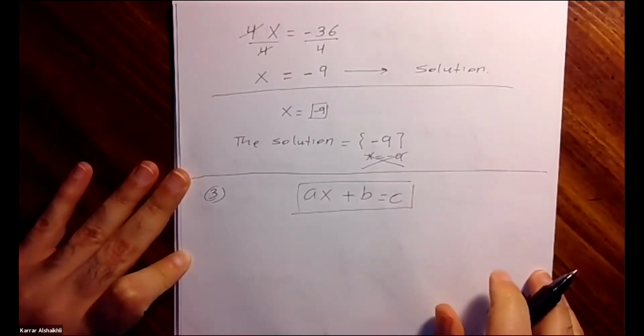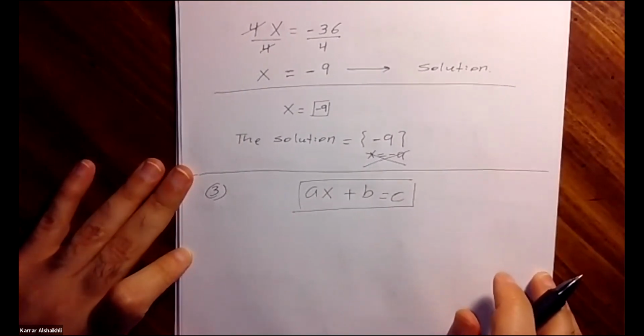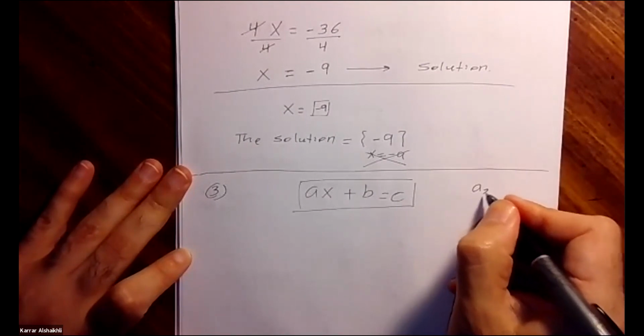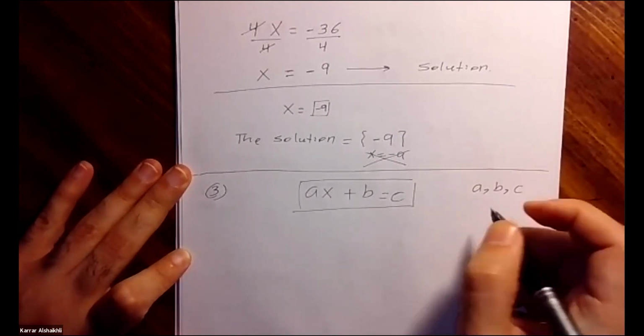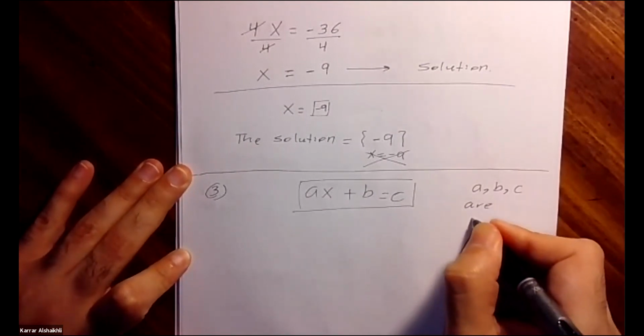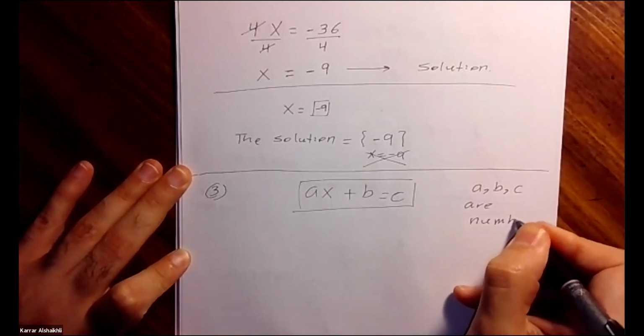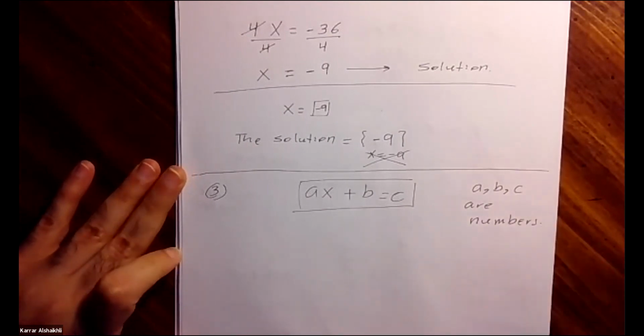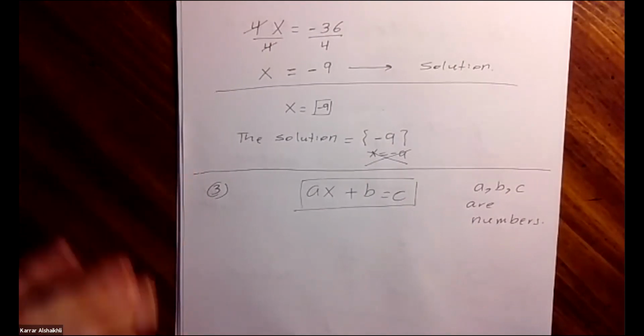This is the third type. ax plus b equals c. Again, a, b, c are numbers. How are we going to solve this one? Let's take an example.